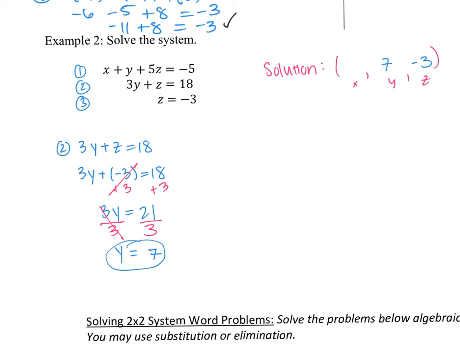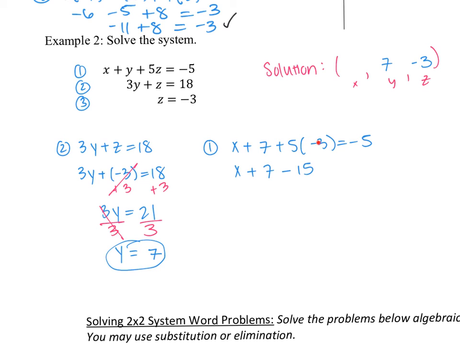Next, I can take now my y and z value and plug it into the first equation and then find the x value. So if I were to do that here, I'd be taking the first equation. So my x, I don't know what it is. My y is 7. My z here is -3. And so working this out, I have x plus 7 minus 15.